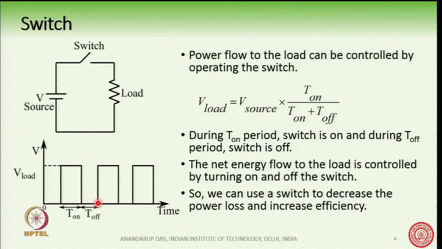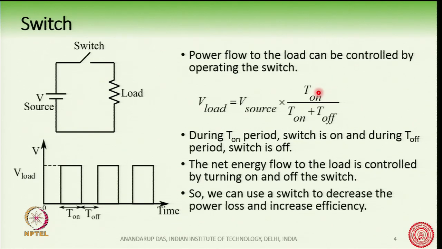Therefore, this V load which I have shown here, the expression of V load is V source into T on divided by T on plus T off in an average sense. So, we see that the load voltage can be changed by changing the duration of T on over this T on plus T off time.